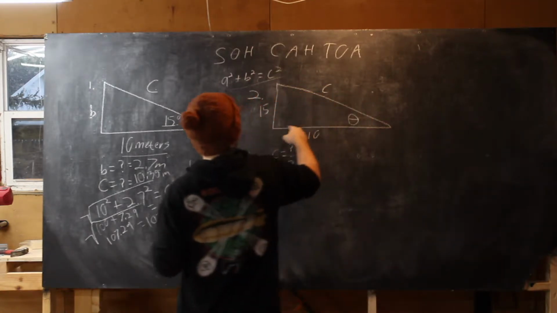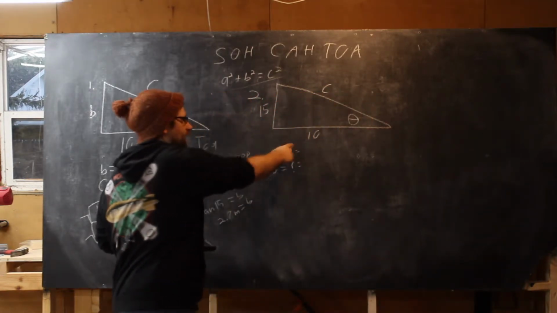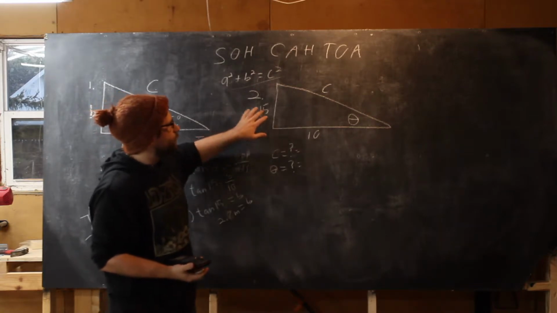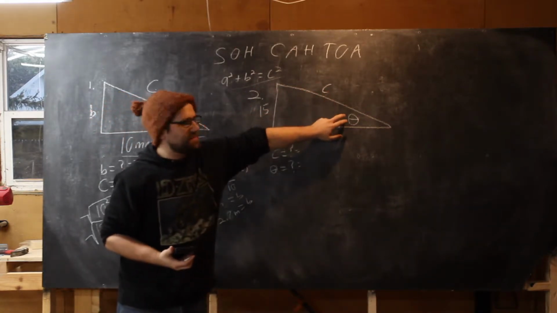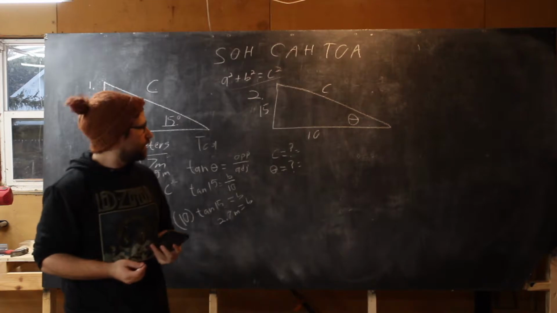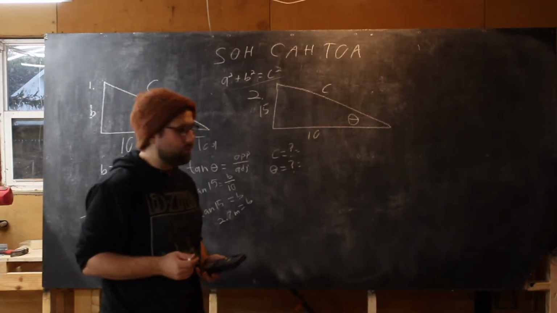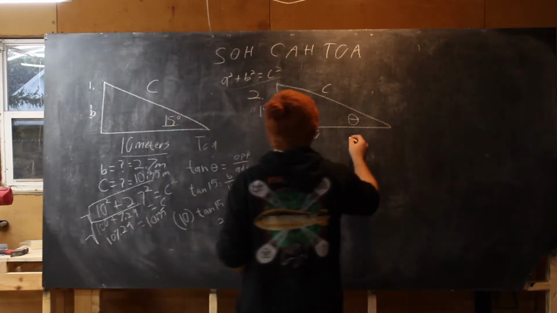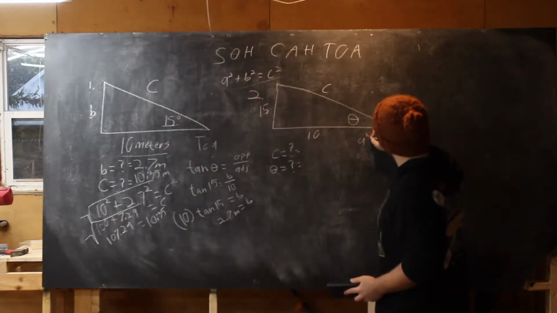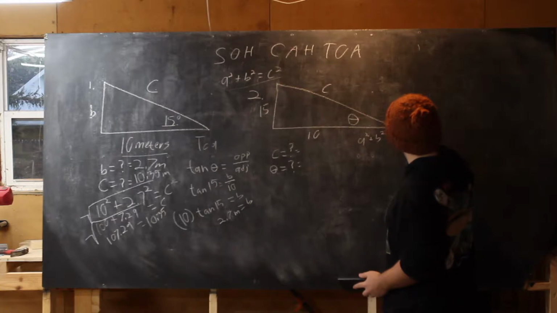So the other one, I have my A value, I have my B value, I'm looking for my C value and my theta value. Okay? So let's first find our C value, since that's really easy using the Pythagorean theorem. That's going to be A squared plus B squared equals C squared.